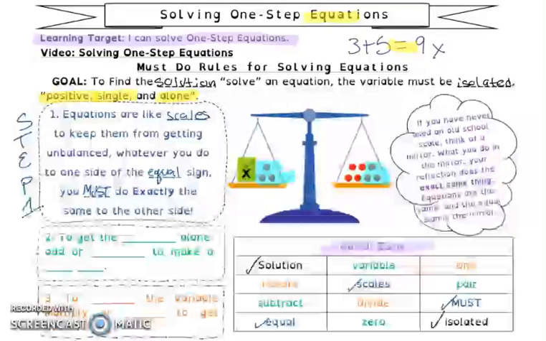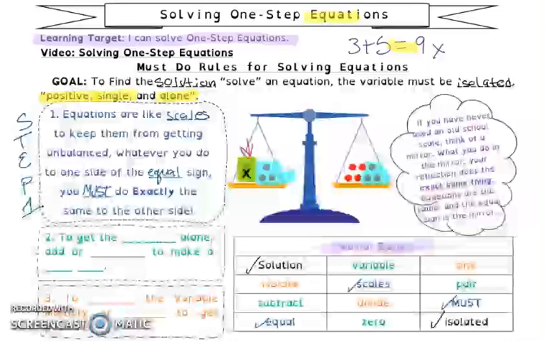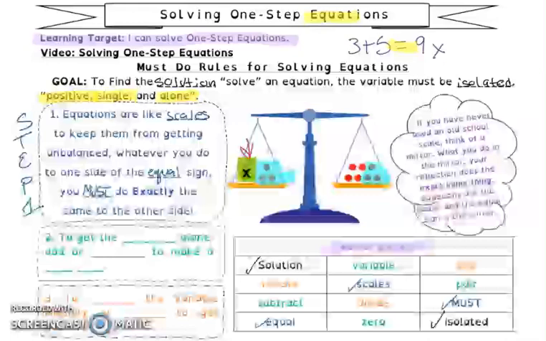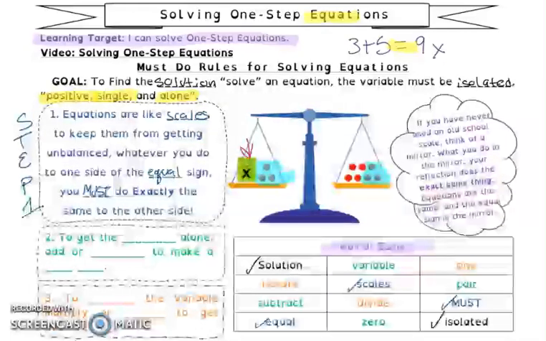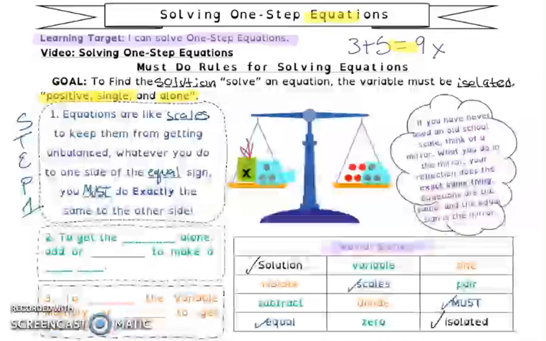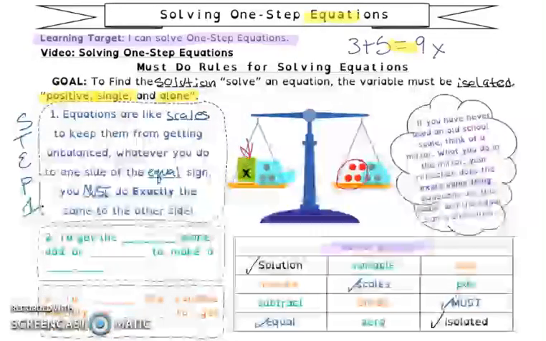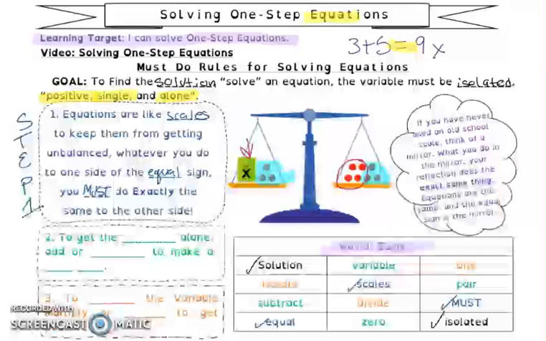this green square right here, or this green rectangle with the X on it, that means that because this scale is perfectly balanced, which you can tell because it's flat, it's not tilted one way or the other, that means that this green square with an X must equal 4 circles. Okay?